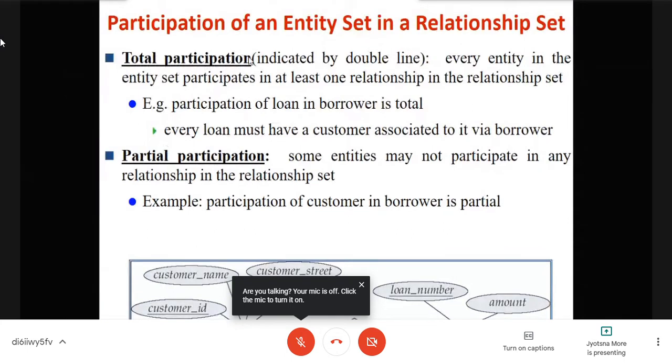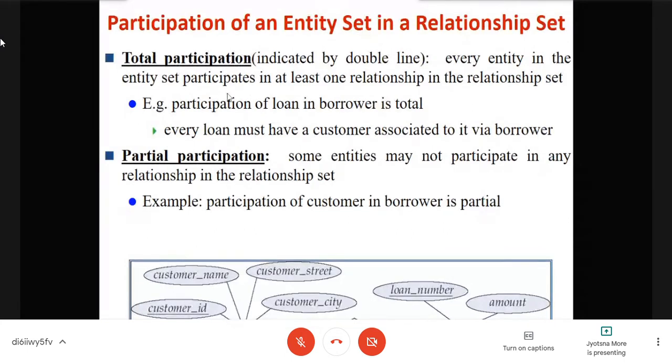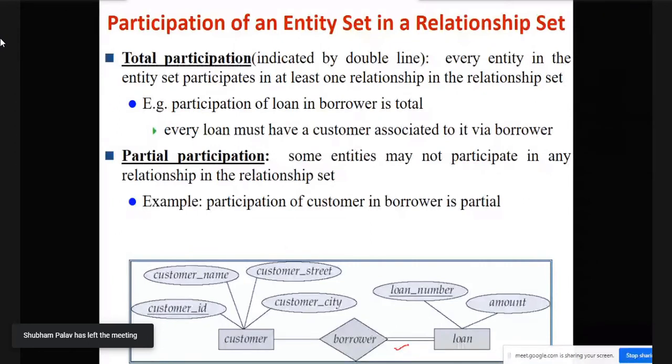Total means each and every entity from that entity set is participating in the relationship set, which is represented by this double line. You can see the double line is visible in the diagram.